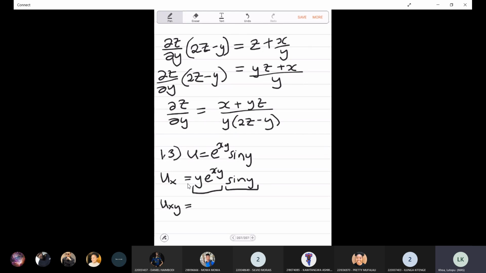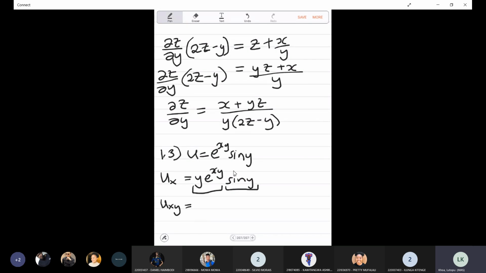I don't know if that is necessarily easier. When you have ln of u, you then have to use implicit differentiation like we did in the previous one. I don't see anything wrong with it, but I think this might be shorter. You can try it and see what your answer will be.